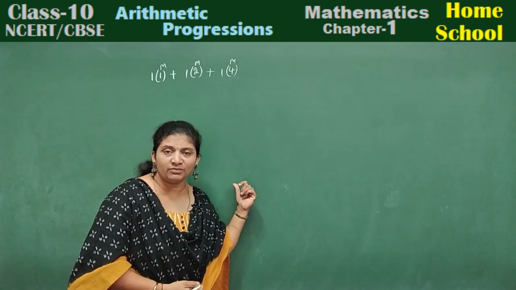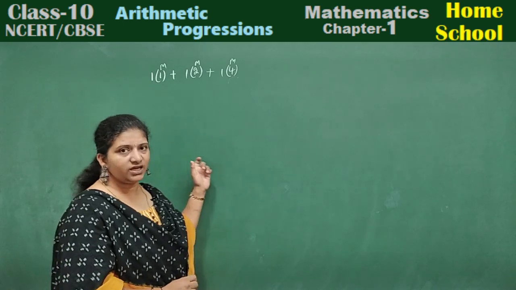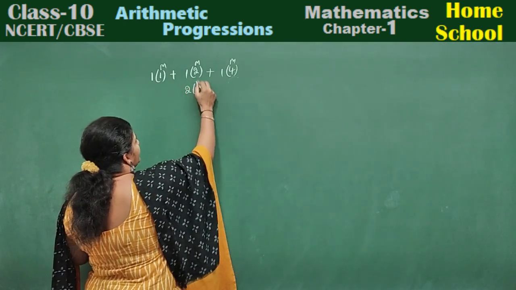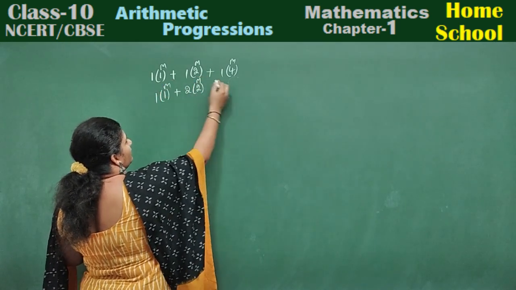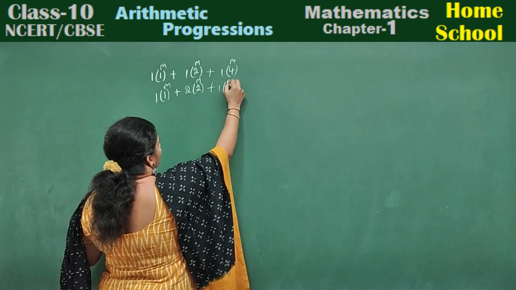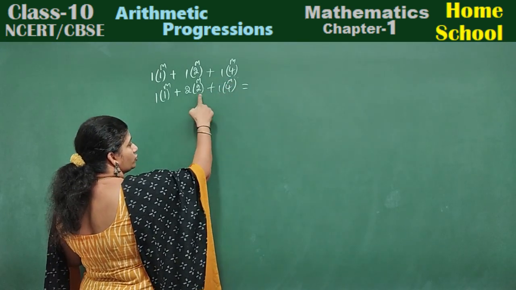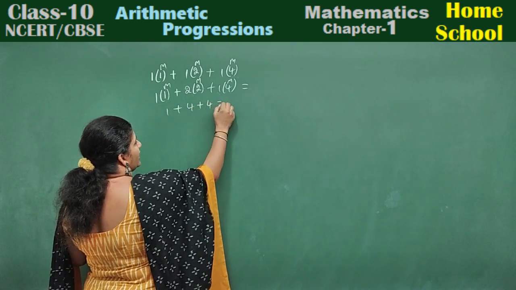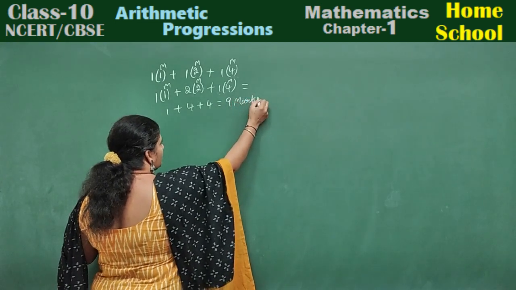But due to this pandemic situation, as some chapters are deleted, this year we can expect 2 marks questions from this chapter. That means 4 marks total: 4 into 1 is 4, 2 twos are 4, 1 plus 4 plus 4. That will be 9 marks you can score from this chapter.